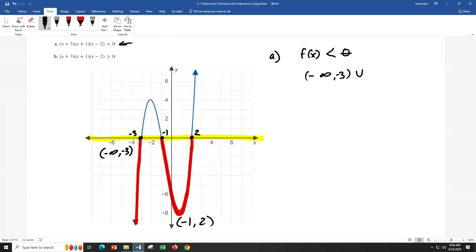Union -1 to 2. Why don't you try to do B on your own?